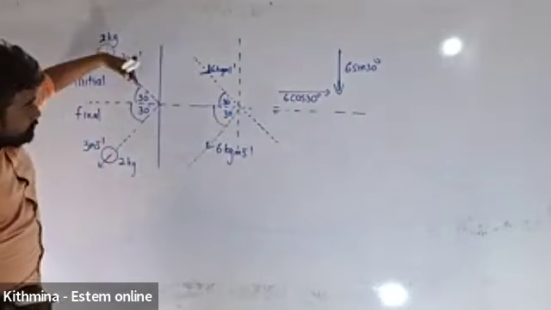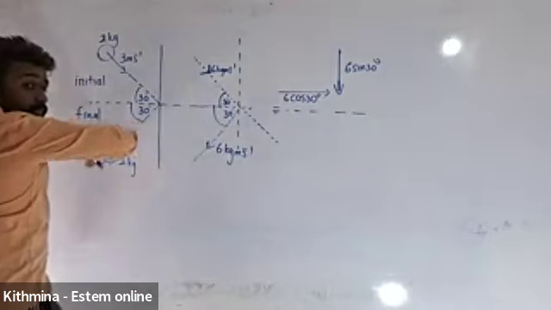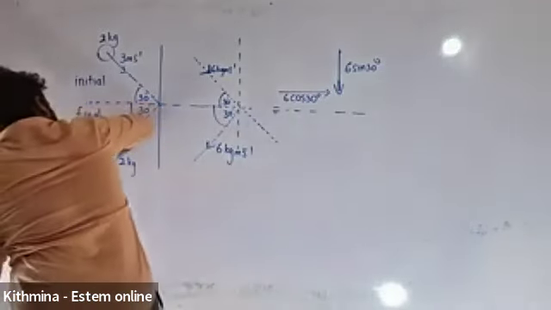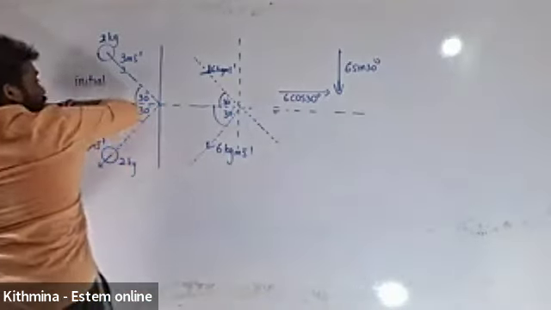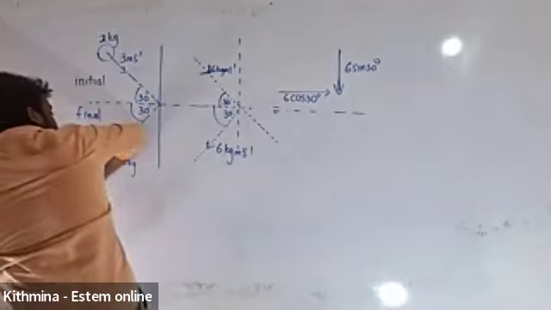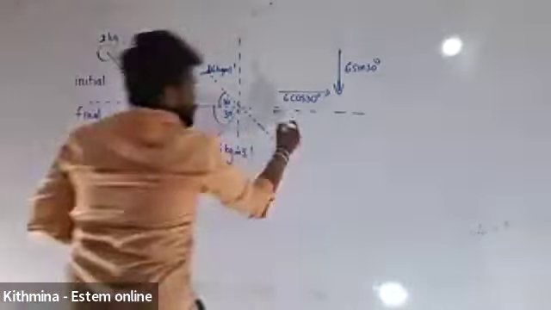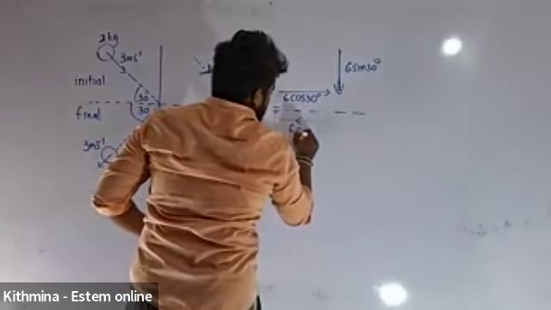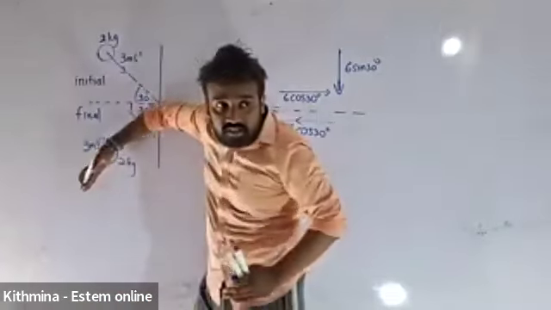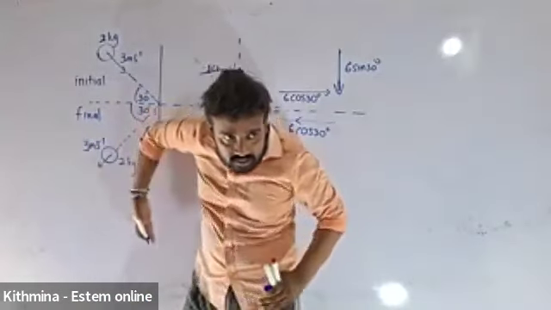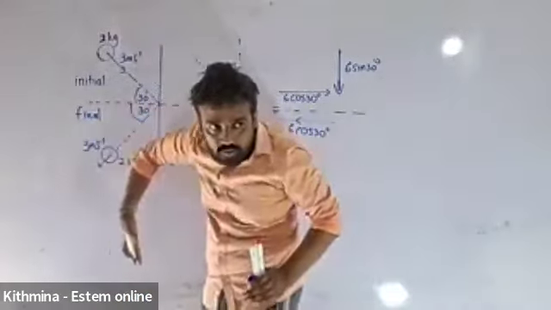Then we can resolve this also, 6 cos 30, it is in this direction. Then we resolve this: 6 cos 30, and 6 sin 30 downwards.